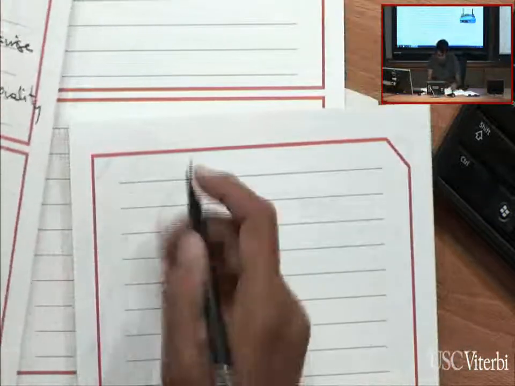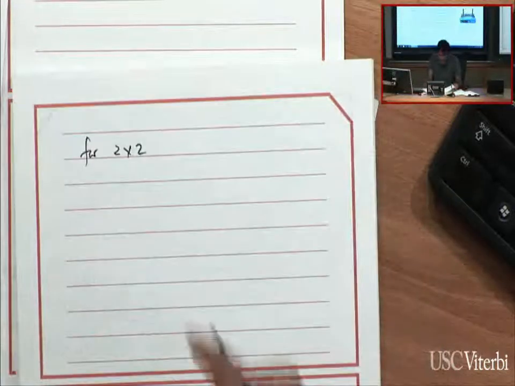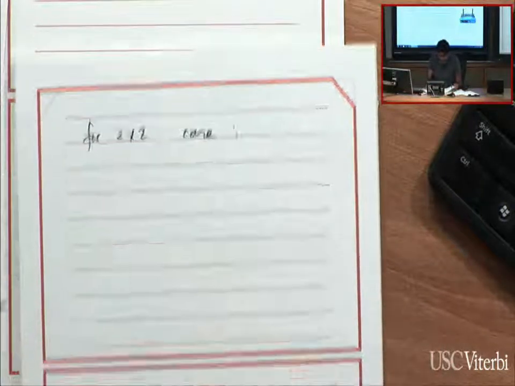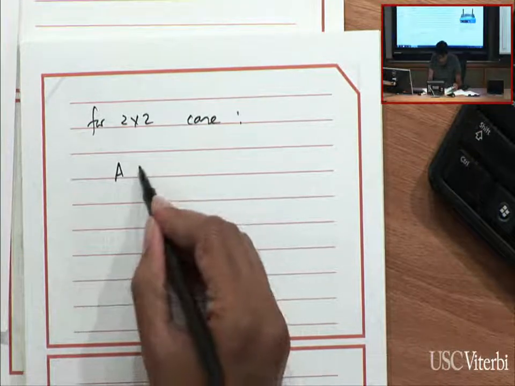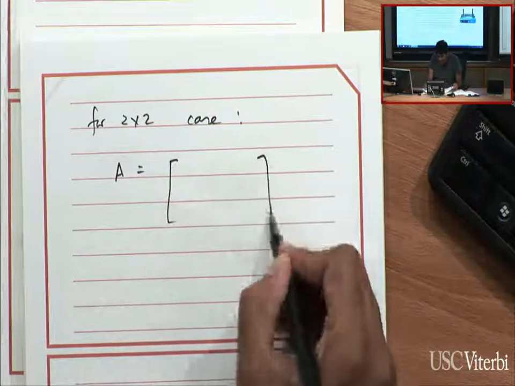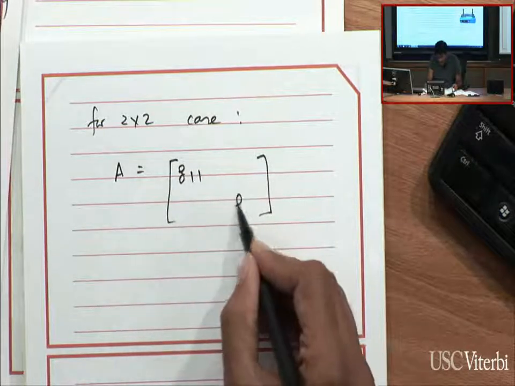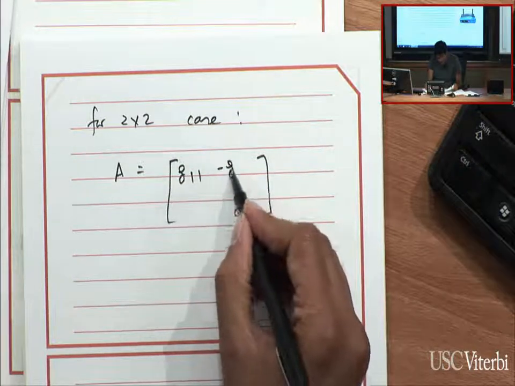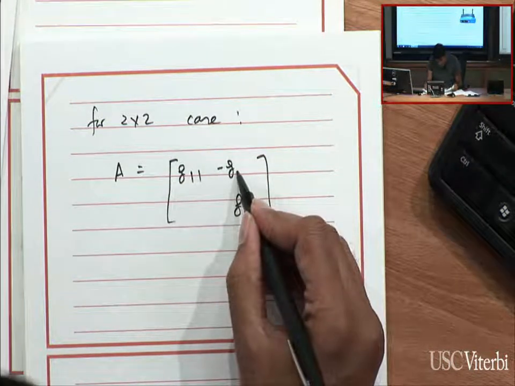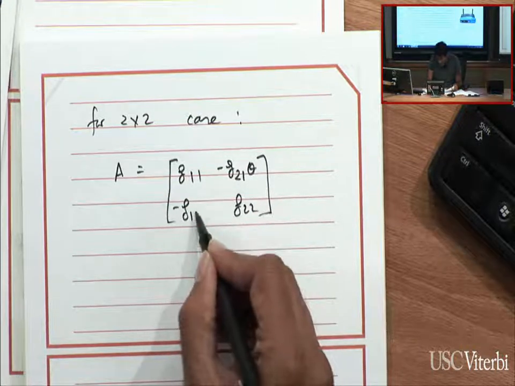So for the 2-by-2 case that we did before, which is only a special case of n by n, let's see what the invertibility condition meant. That matrix A is very easy to write down. The diagonal terms are G_ii, so G11 and G22. And the other terms are negative G_ji times theta, so negative G21 theta, and negative G12 theta.